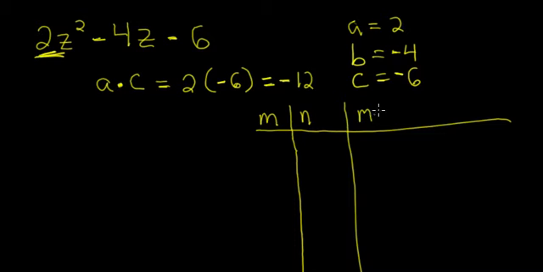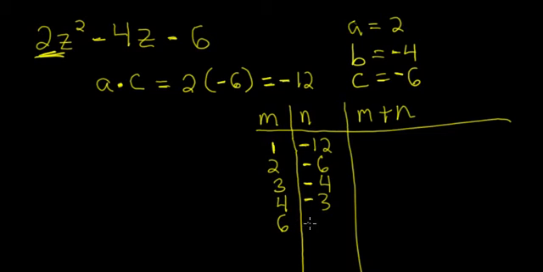And M plus N. Alright, so 1 and negative 12. 2 and negative 6. 3 and negative 4. 4 and negative 3, 6 and negative 2, and 12 and negative 1.